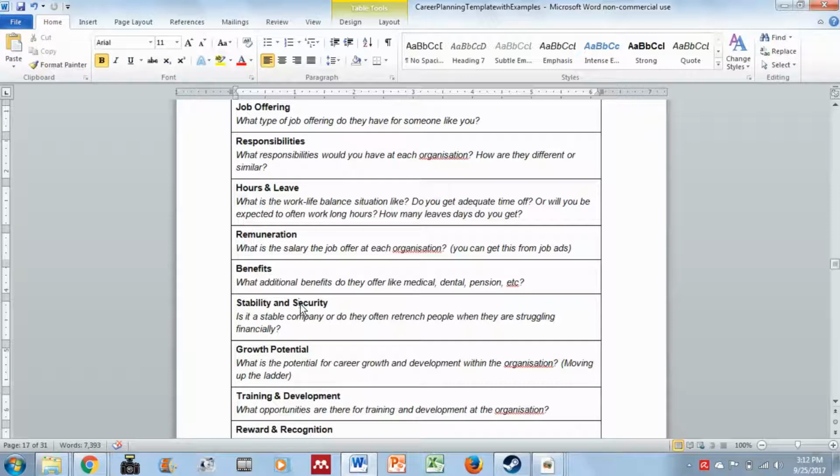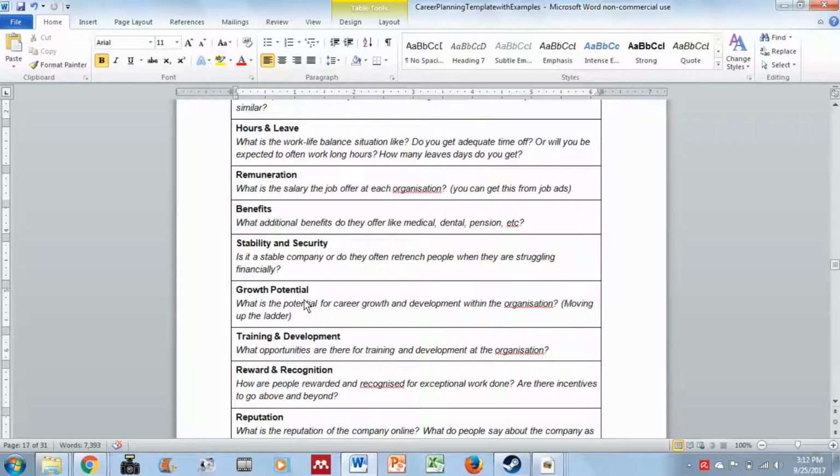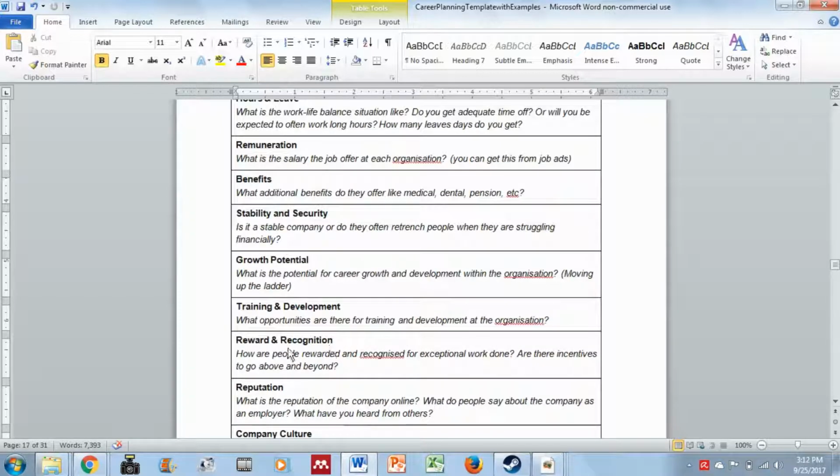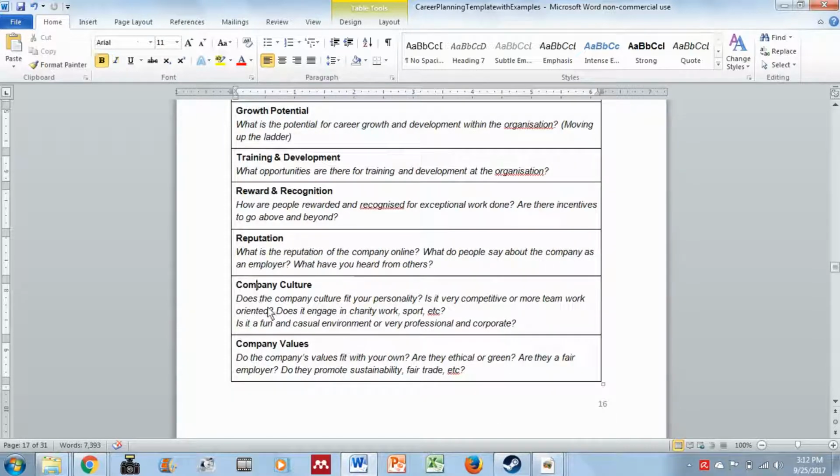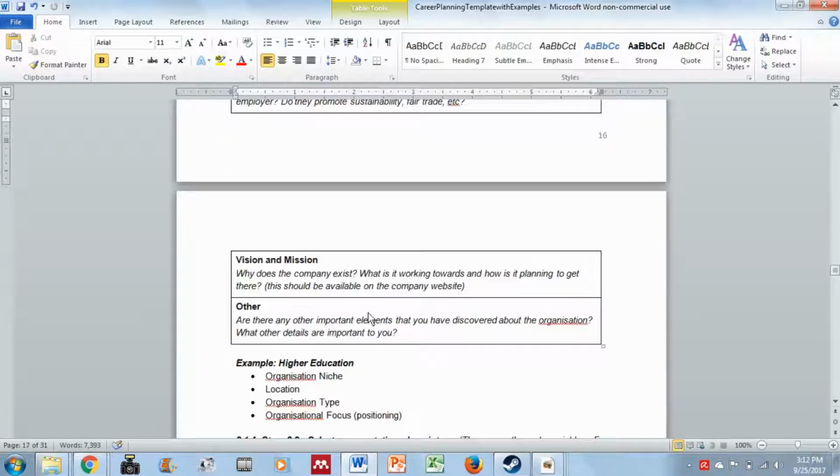What's the stability and the security of that company like in terms of growth potential, training and development you'll get at the organization, what rewards and recognition you can get, what reputation you could get, the culture of the company, the values of the company, the vision and the mission of the company, and there might be others that you can consider for your specific industry.